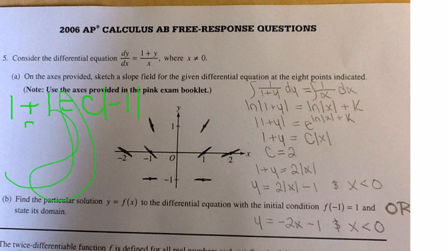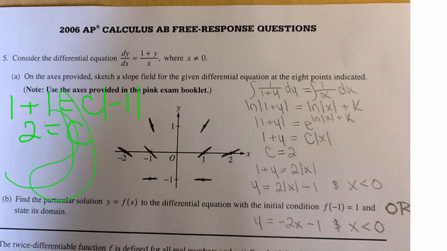So that equals 2 equals c, because the absolute value of -1 is 1. So c times 1 is c, and 1 plus 1 is 2, so 2 equals c.